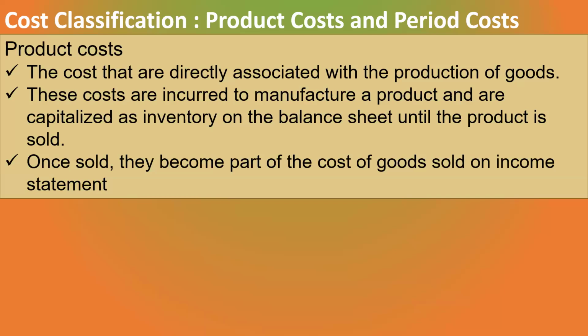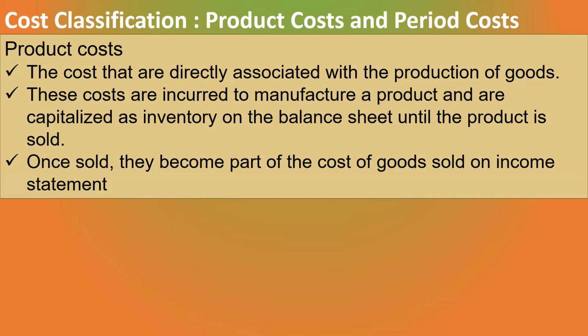So what is a product cost? The product cost is the costs that are directly associated with the production of goods and services. These costs are incurred to manufacture a product and are capitalized as inventory on the balance sheet until the product is sold.